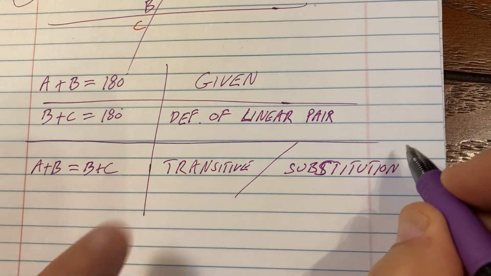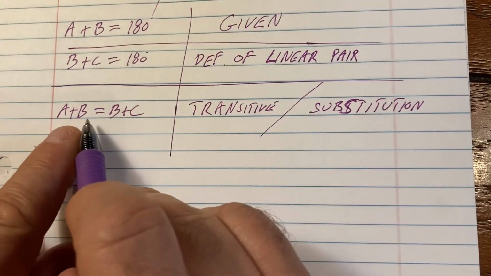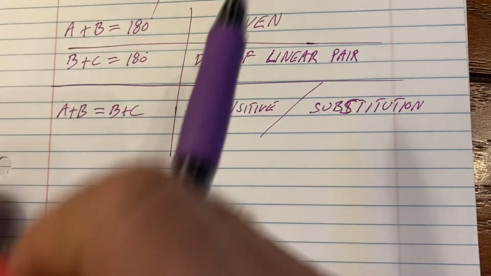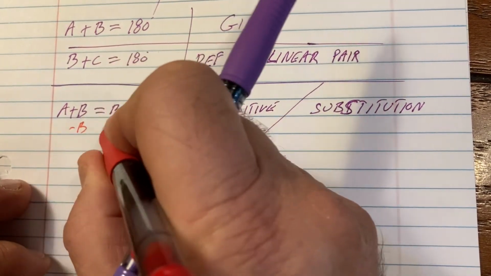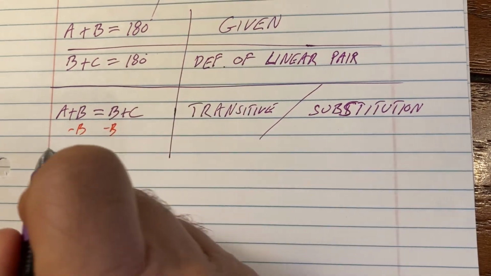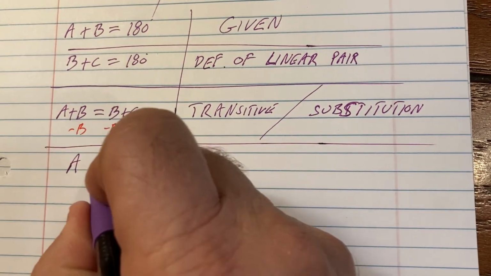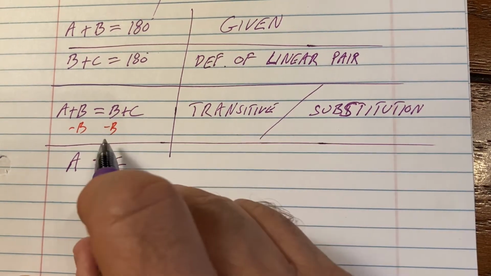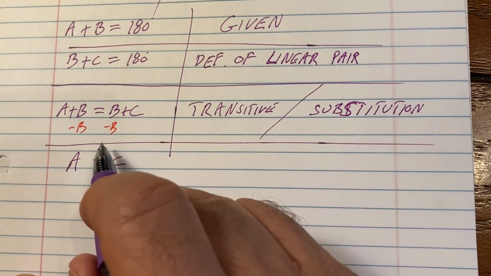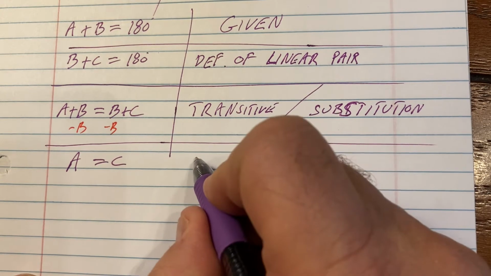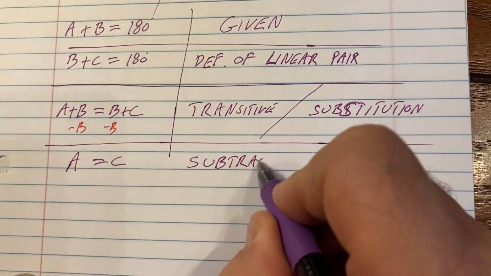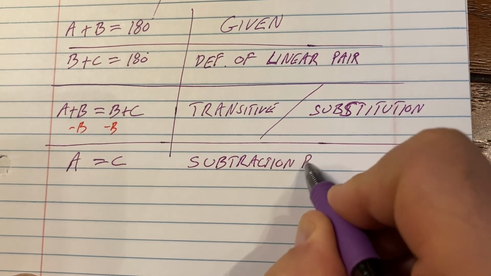Substitution. If A plus B equals B plus C, what if we subtract B on both sides of the equation? We get A equals C. How do we do that? It rhymes with subtraction. Oh, subtraction property.